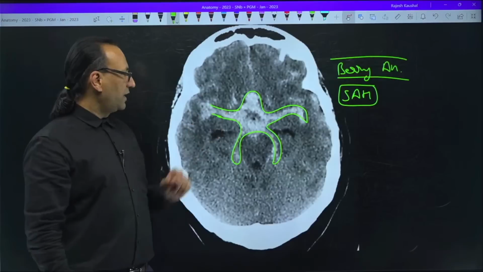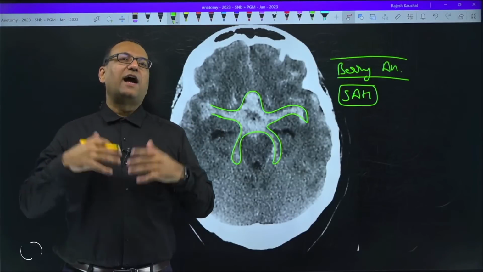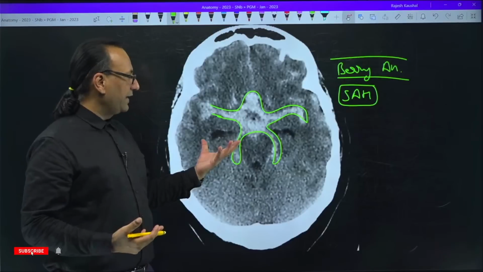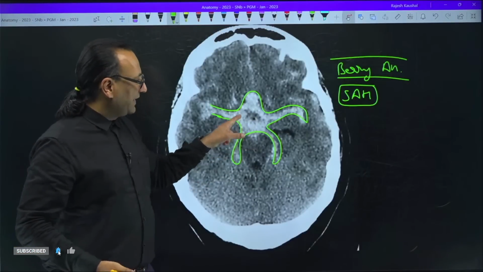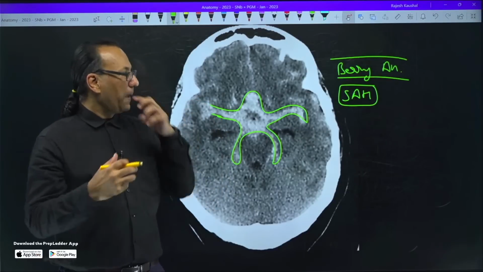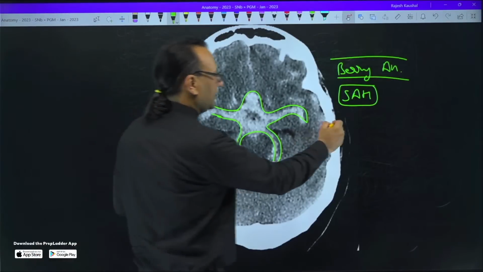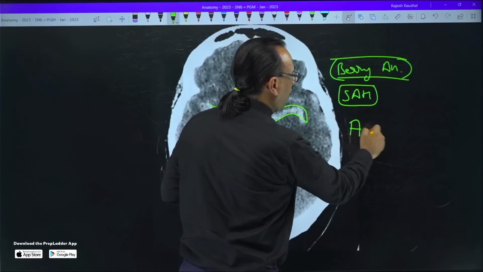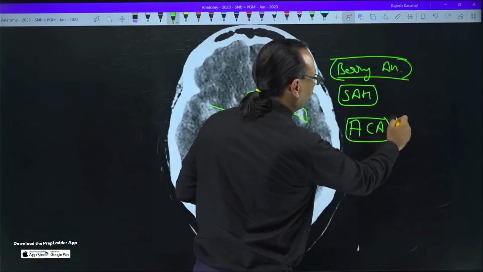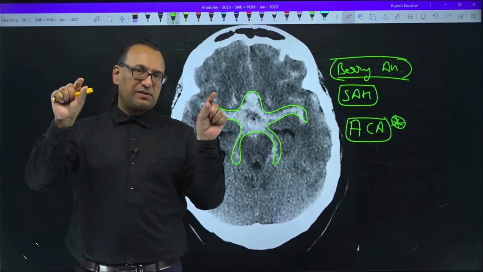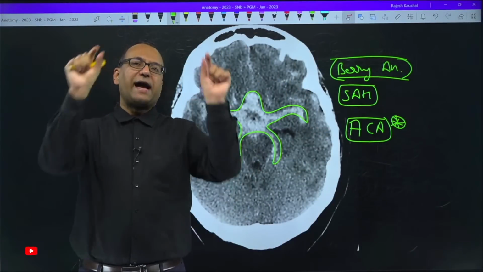And then of course you have this thunderclap headache, the headache which I never felt ever in my life, so severe headache. This is basically the subarachnoid hemorrhage, means the vessels which are bleeding. Like if we are talking about Berry aneurysm, anterior communicating artery, where it begins, because anterior cerebral artery will give you anterior communicating artery.